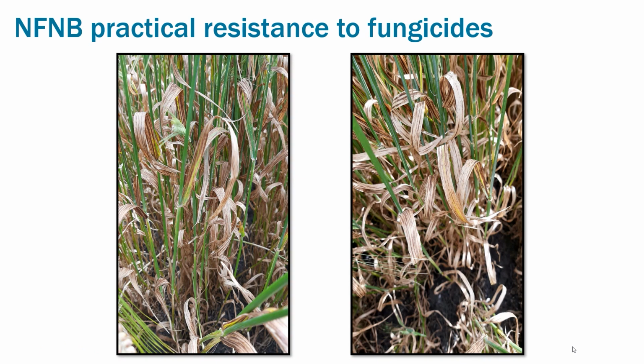But probably something more down the alley is net form net blotch. All right, so let's play a little game here. I don't have clickers, I don't have QR codes here. I'm old-fashioned. One of those plots has been treated with a lot of stuff. The other one hasn't. Can you show me hands here?